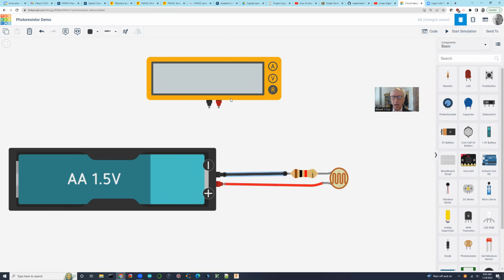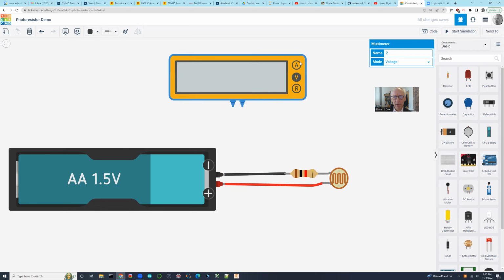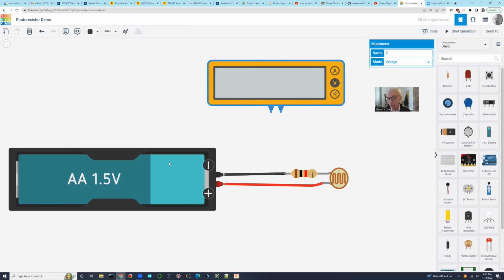Now I'm going to use the multimeter as a voltmeter, so let's click on volts. And what voltage am I going to measure? Of course, I already know the voltage of the battery, but the small circuit we just built is a so-called voltage divider. 1.5 volts is going in, and then the circuit gets closed back to 0.